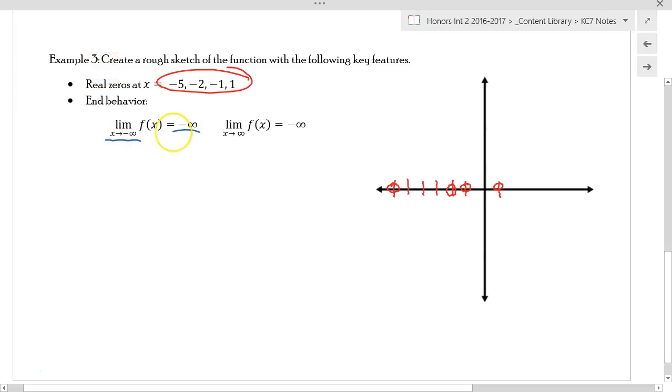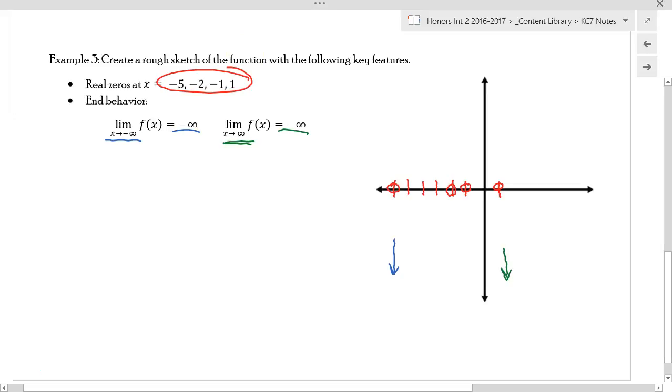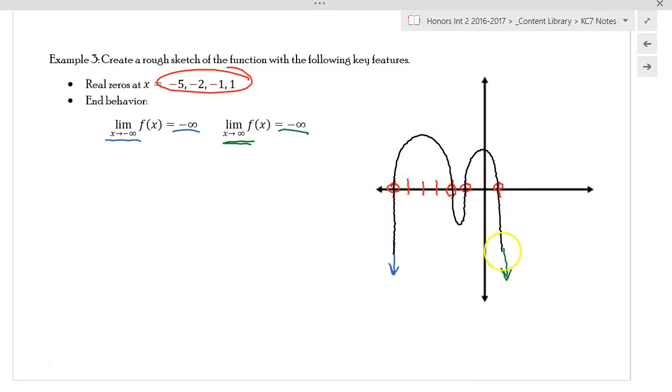Then my left side is going down. My right side is going down. And then I'm just connecting my dots. So this one kind of looks like an M.